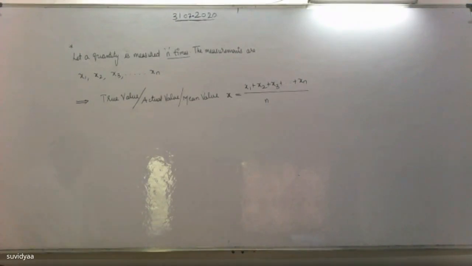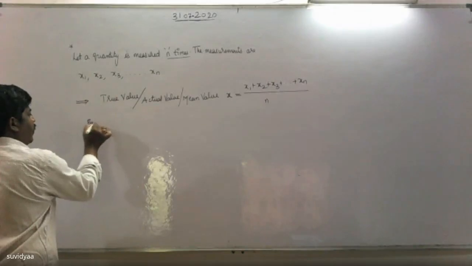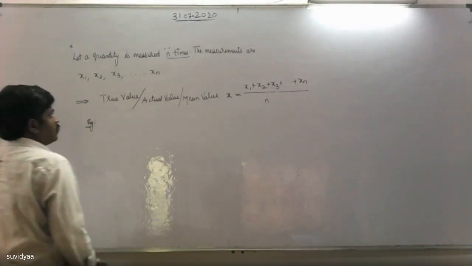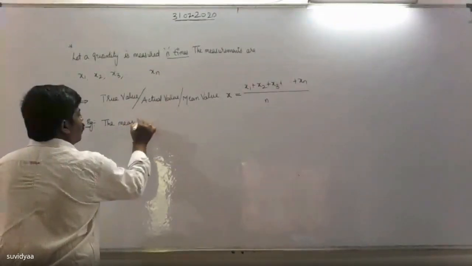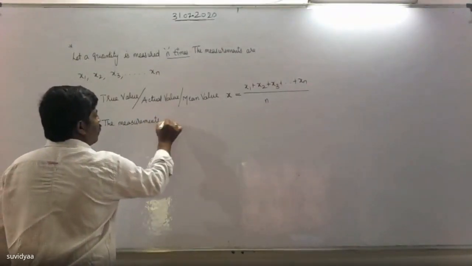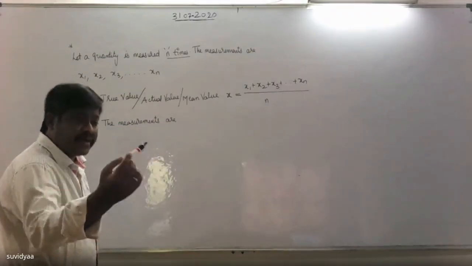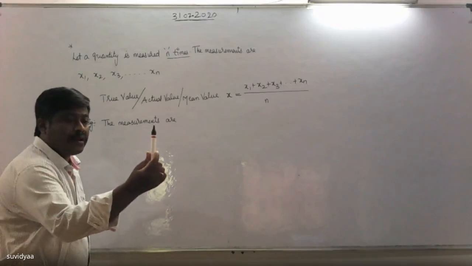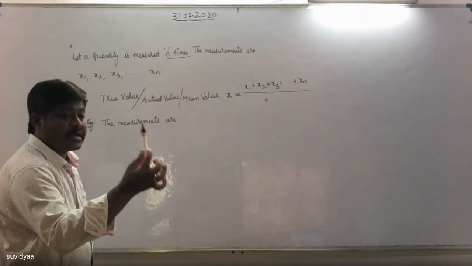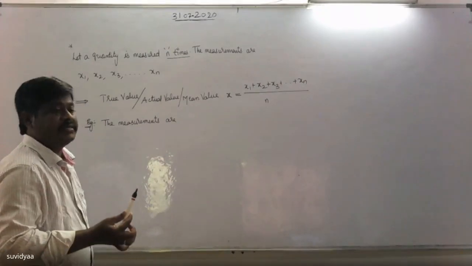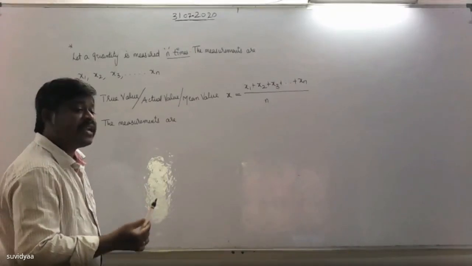Okay. Next coming. Now let us see one example. Suppose the length of the marker is measured. When the length of the marker is measured, I got readings.